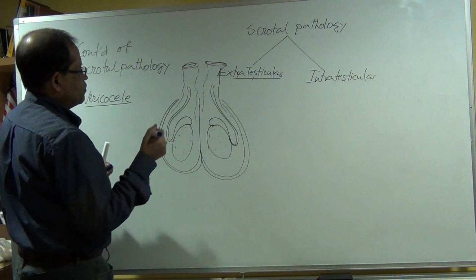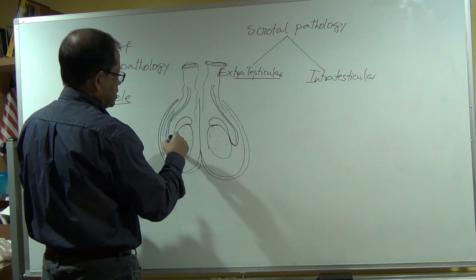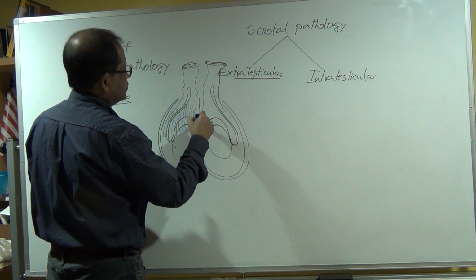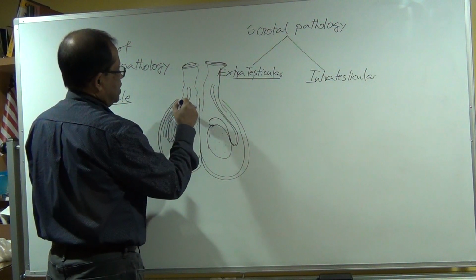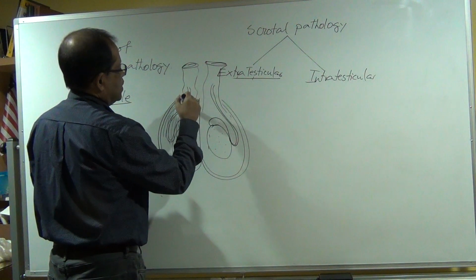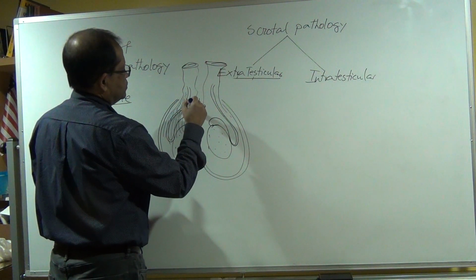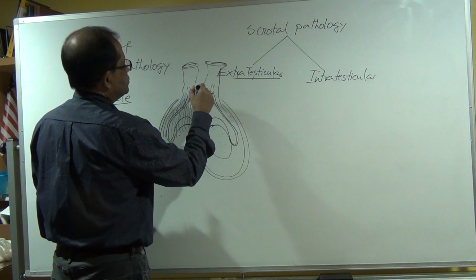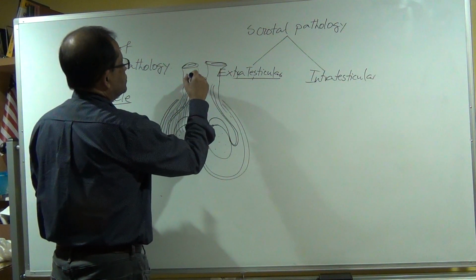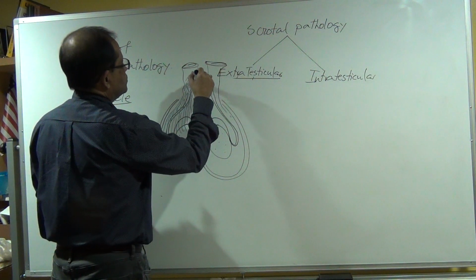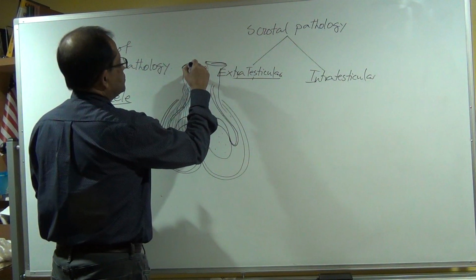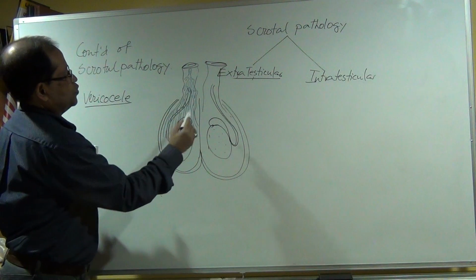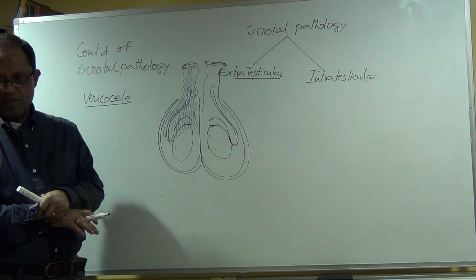and the veins. So these are the veins. See, that's the way the vein drains blood from the scrotal sac, and it goes around the spermatic cord, making the network.